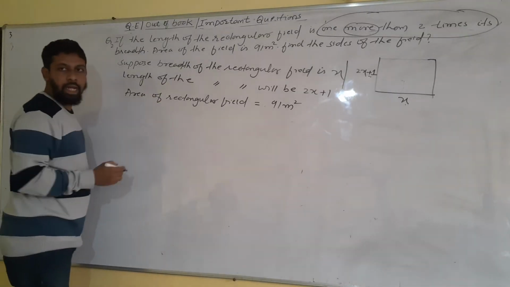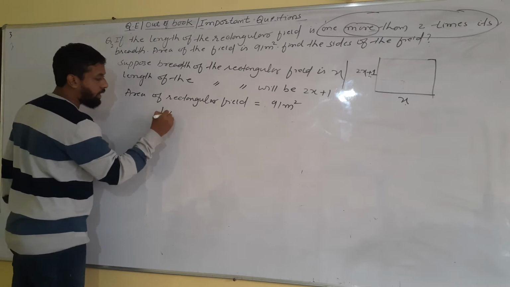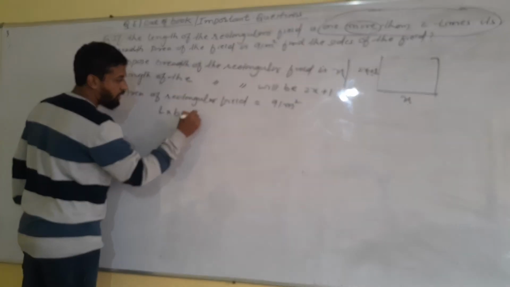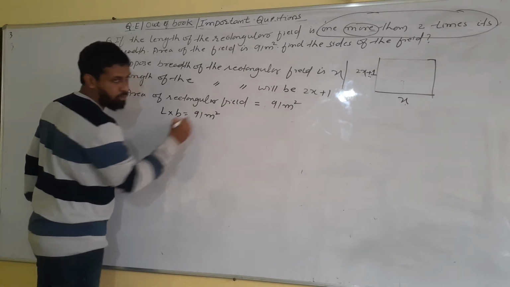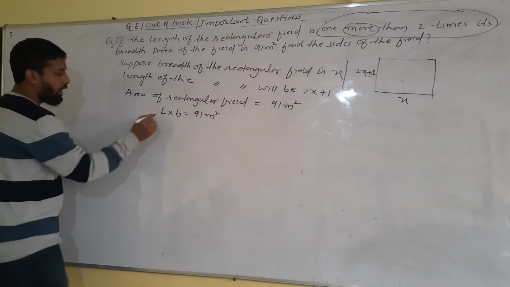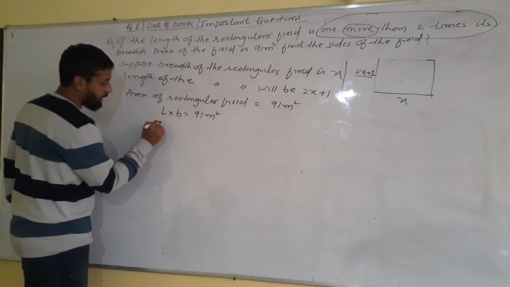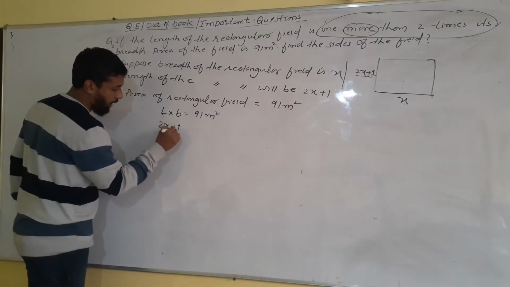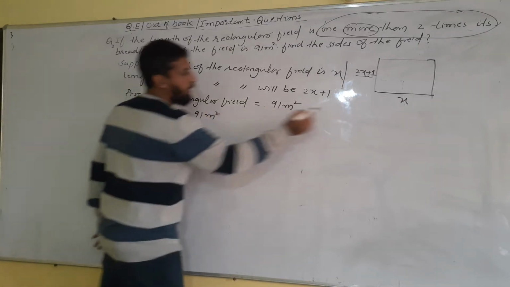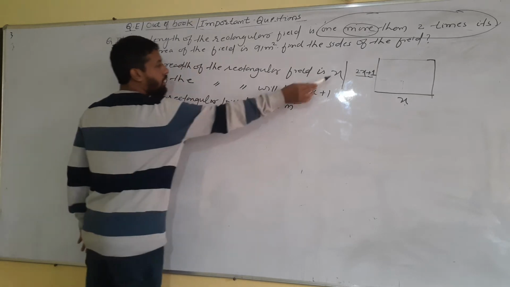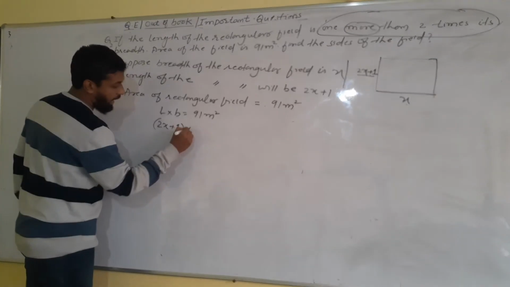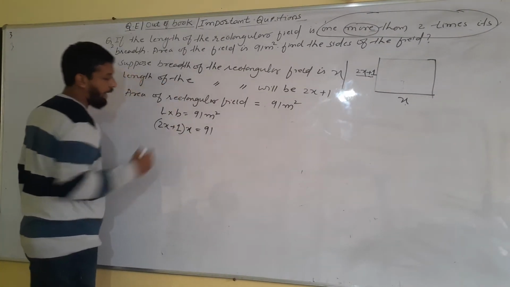We know area of the rectangular field is length into breadth, which is equal to 91 meter square. Now length is how much? 2x plus 1. And breadth is how much? It is x. We consider breadth as x. So, 2x plus 1, into x, is equal to 91.